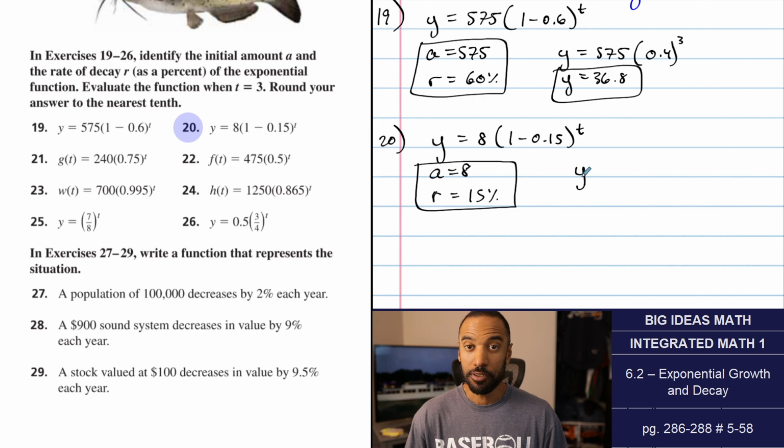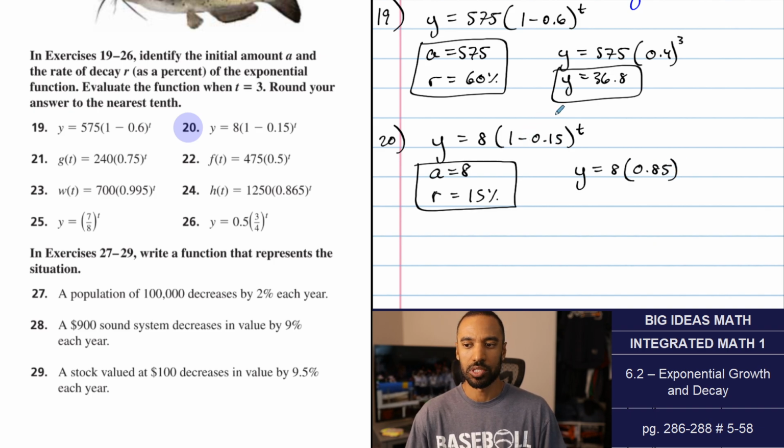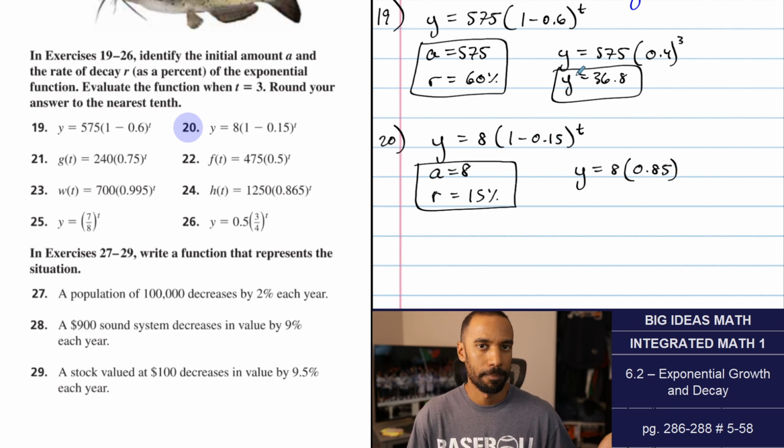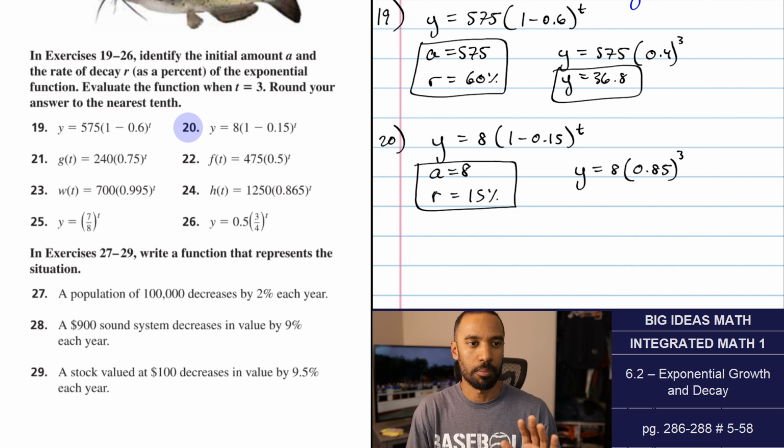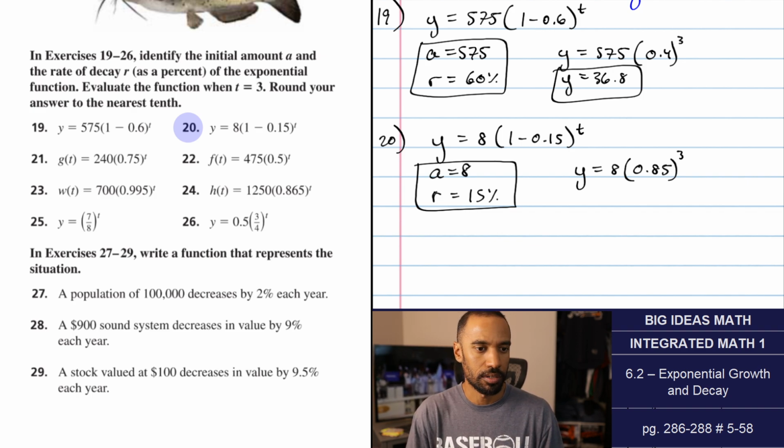Let's now substitute 3 for t. So we get 8 times, and of course, I want to subtract these, show you that version. That's 0.85. If you have trouble with those, think of it as 100 minus 15. 100 minus 15 is 85, but the decimal equivalent that we need is 0.85. Now, I'm going to do this off screen.